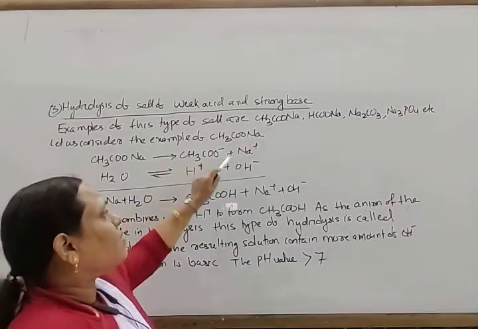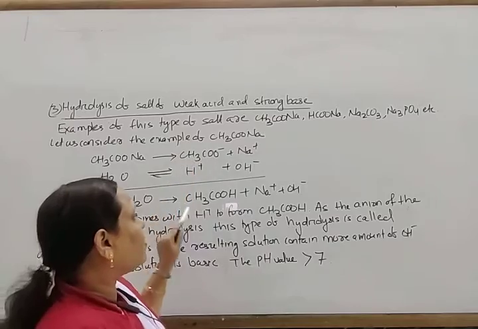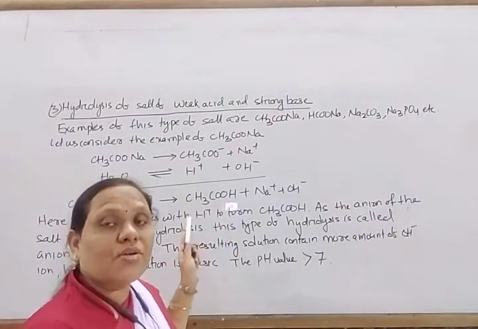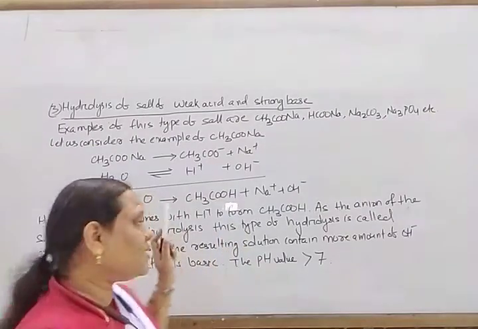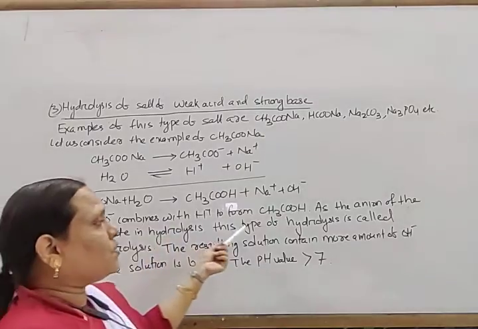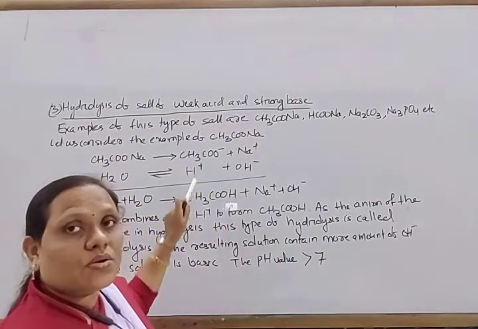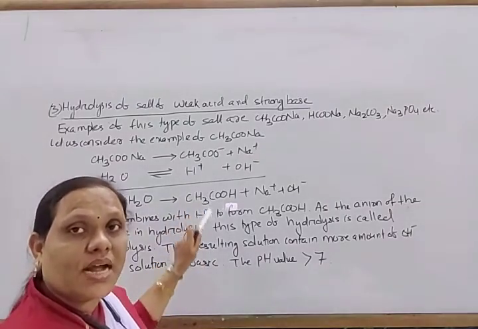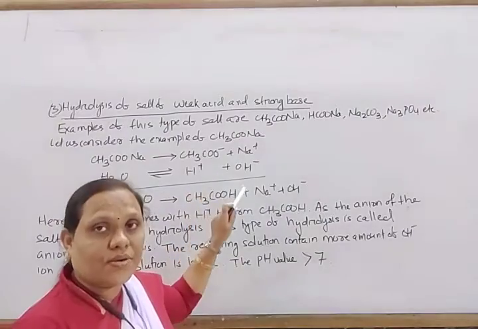And CH3COO-, acetate, and H+ ion can form a weak electrolyte, so they combine to form acetic acid, undissociated acetic acid. So here CH3COO- combines with H+ to form acetic acid. As the anion of the salt participates in hydrolysis, this type of hydrolysis is called anionic hydrolysis.